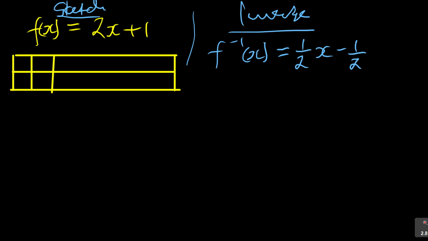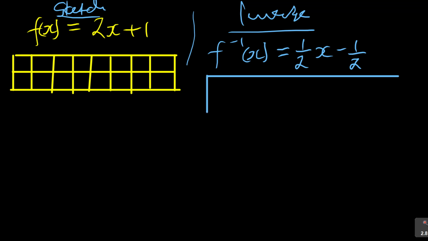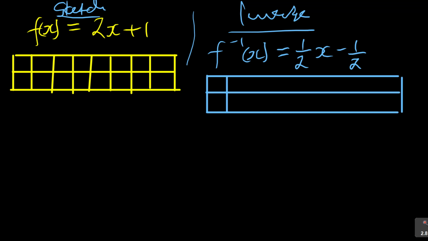I'm going to do it because I want you to appreciate this part of the inverse. So I'm just going to quickly draw a few points here, as well as even here. Okay, and then you're going to have an idea why I did what I did. So let's say we want to sketch this graph and we want to have a table of values like that. Alright, so look at this.